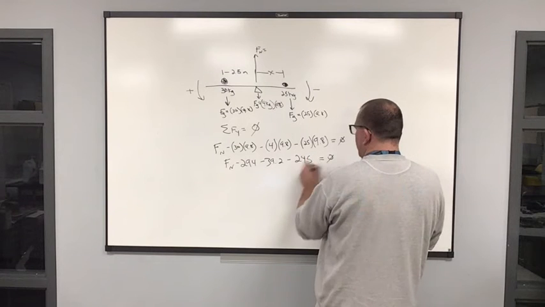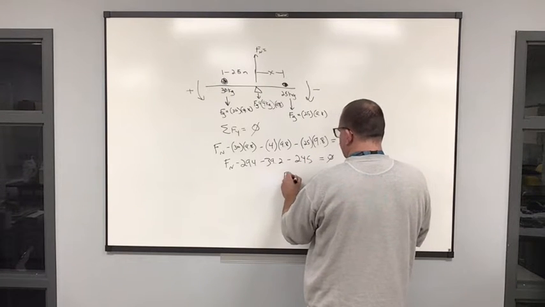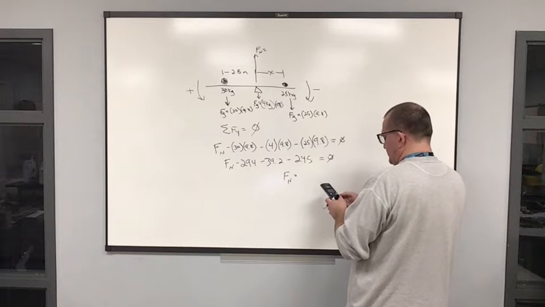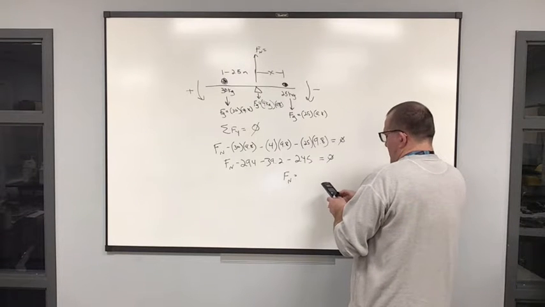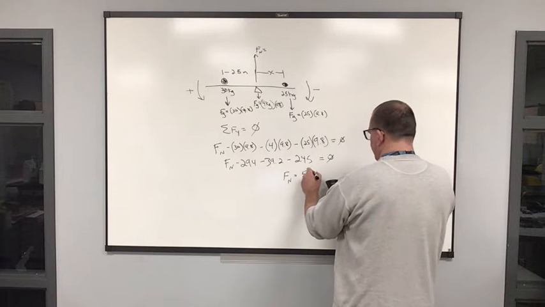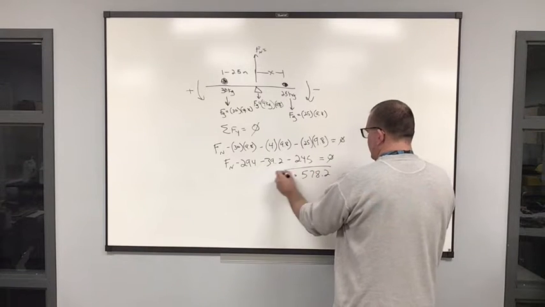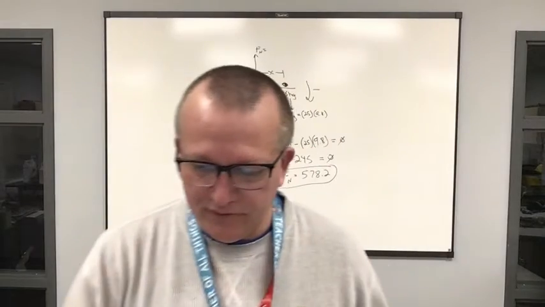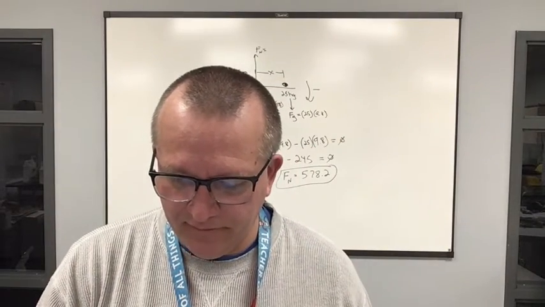And so I'll combine like terms and get my normal force to be 294 plus 39.2 plus 245, and I get a normal force of 578.2, okay? So I've established my normal force in my balancing of the forces, okay? So I got a force equation and I've solved.